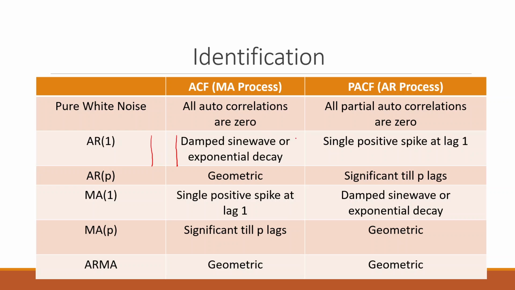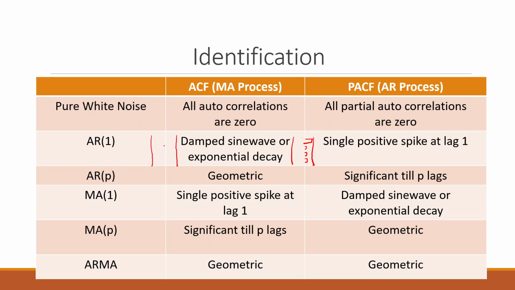This is my correlogram of PACF. This is the center line. If my process is AR1, then I will have a very significant spike at time interval 1, and then there will not be any significant spikes.